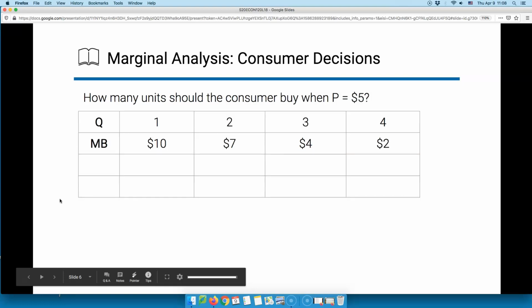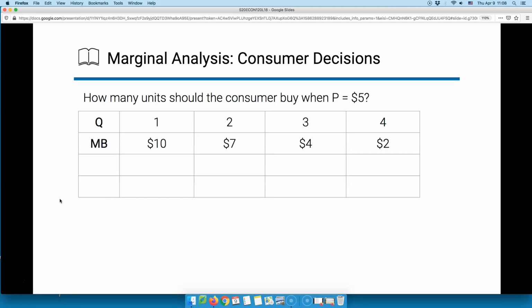First of all, let's think about consumer decisions. And the question here is, how many units should the consumer buy, say, when the price is equal to $5? And here I'm giving you the schedule of the consumer's marginal benefits, and you can see the usual assumption, because we believe that marginal utility of consumption is decreasing, so should be the marginal benefit of consumption.